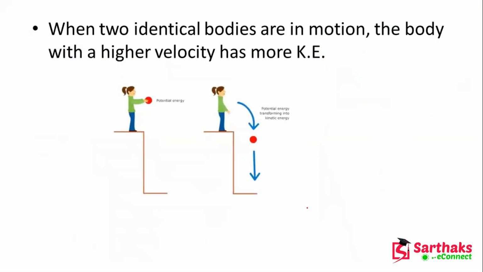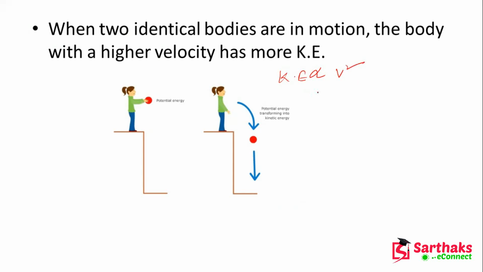Next, when two identical bodies are in motion, the body with a higher velocity has more kinetic energy, because kinetic energy is proportional to v square.